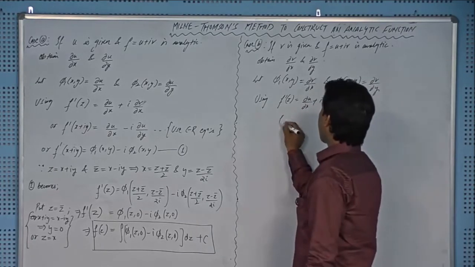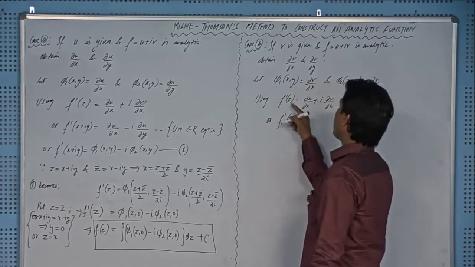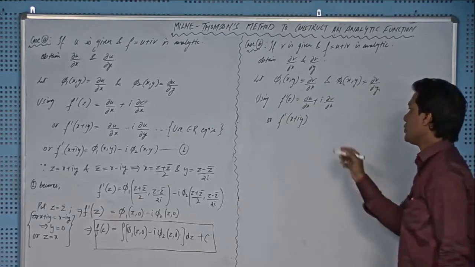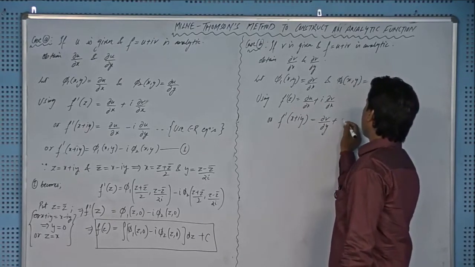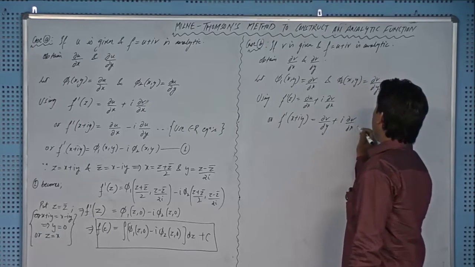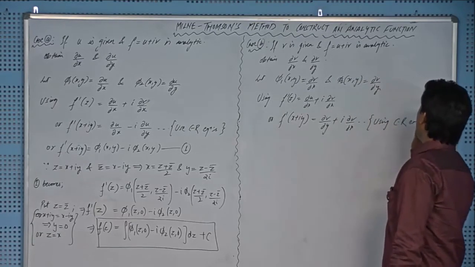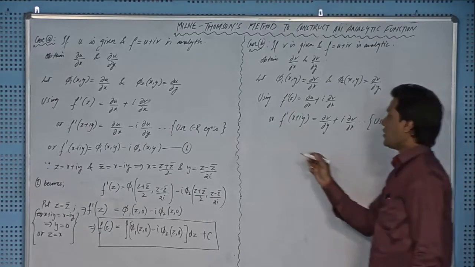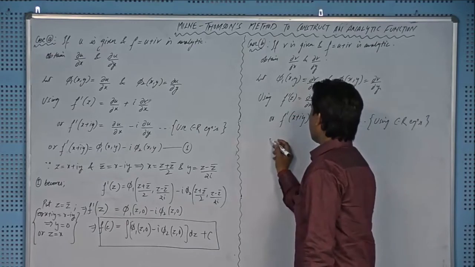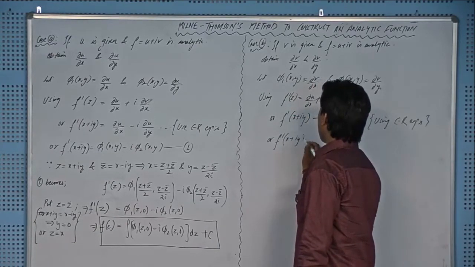So this will become f dash x plus eta y, because that can be written as x plus eta y, equal to del v over del y plus eta del v over del x, and using CR equations, right?